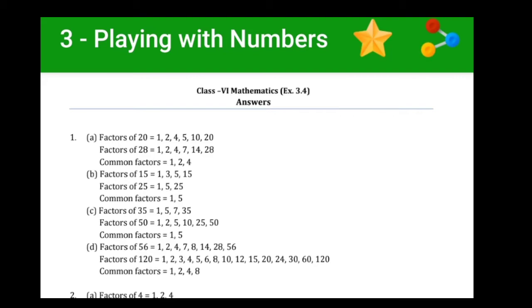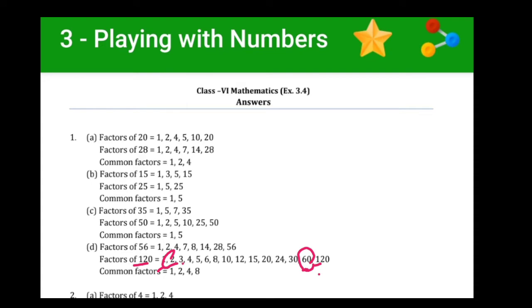So how can you find the factors of 120? See, first you write 1 and then the last number 120. Now it is divisible by 2, so you write 2, and if we divide 120 by 2, it comes 60. So on both sides you write 2 and 60.